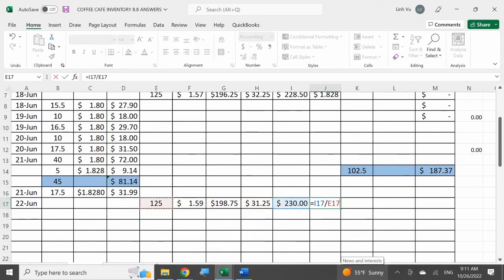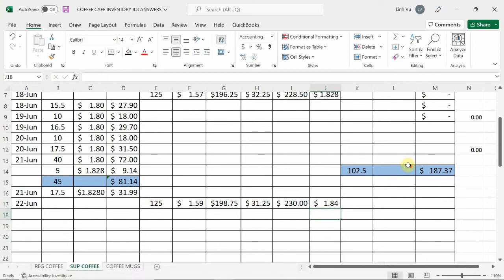So 230 divided by 125. I want to know how much it's going to cost me for every item. $1.84.